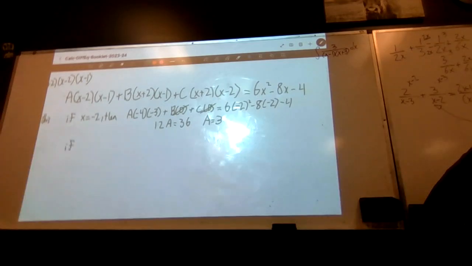If x equals 2, then a times 0 cancels, plus b times, and again we're going to input 2, so we get 4 times 1, plus c times 0, which cancels, equals 6 times 2 squared minus 8 times 2 minus 4.